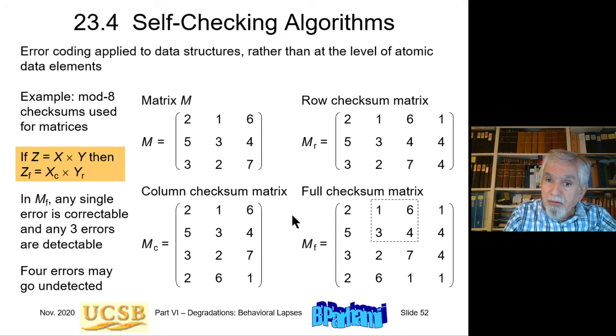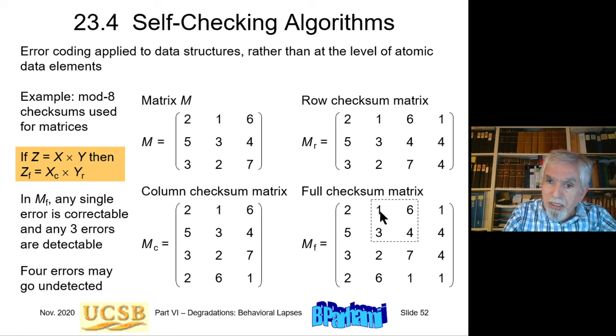Now if you have 4 things going wrong, then it's possible that all 4 checksums are correct, and therefore you don't even detect that. So this particular scheme is 1 correctable and 2 detectable.